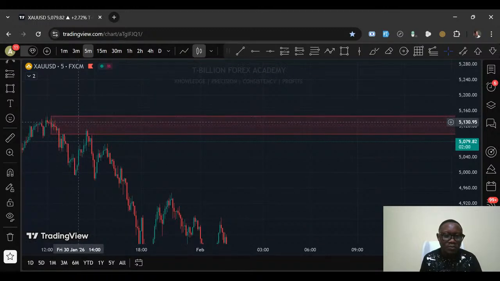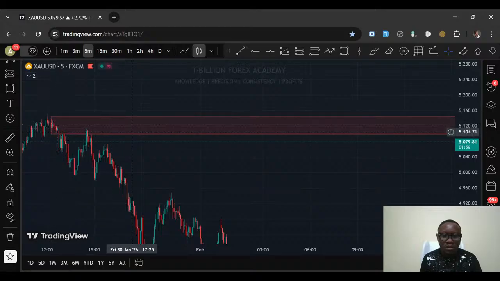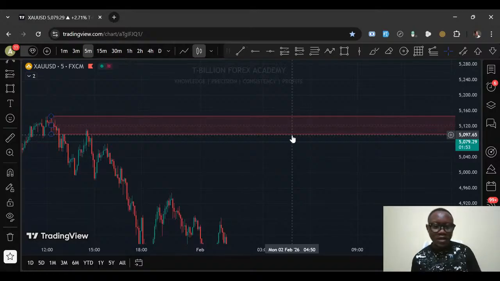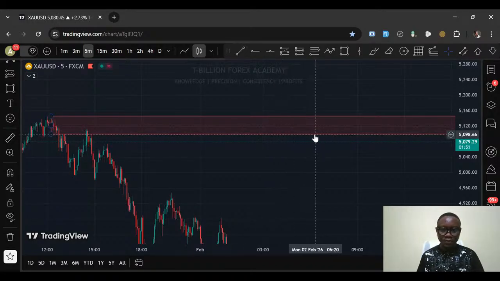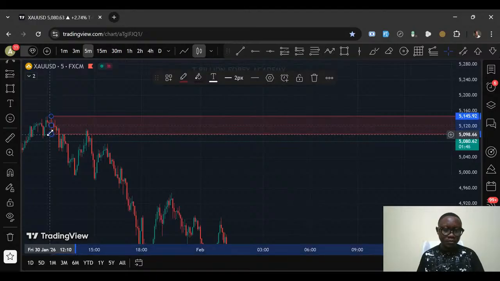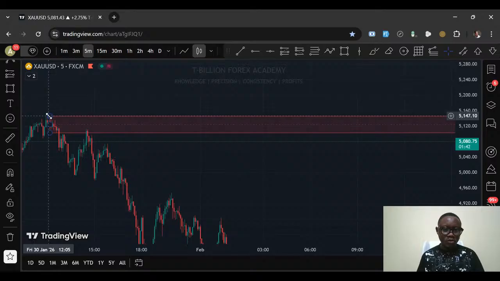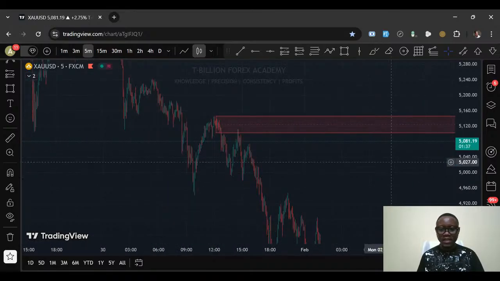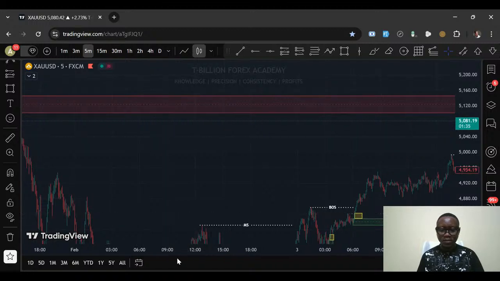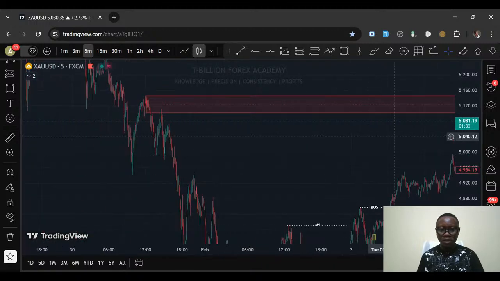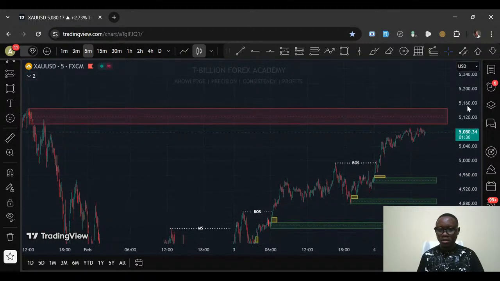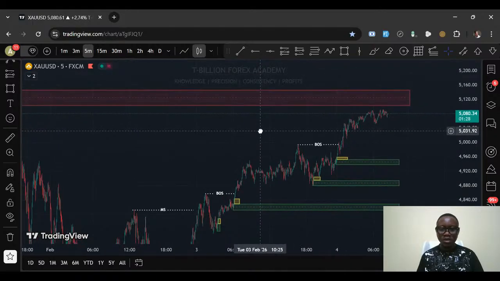So this is more of a resistance or a supply zone. Can have it right here. This is more of a supply zone. So this is where we'll be targeting for our TP.